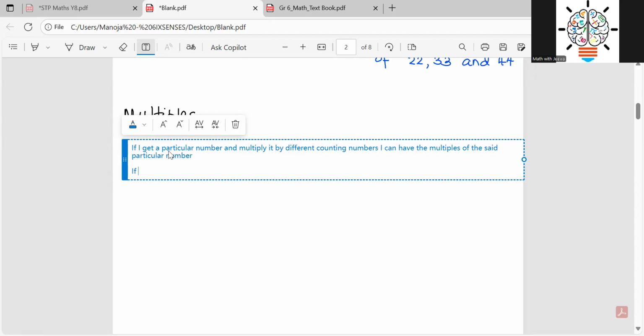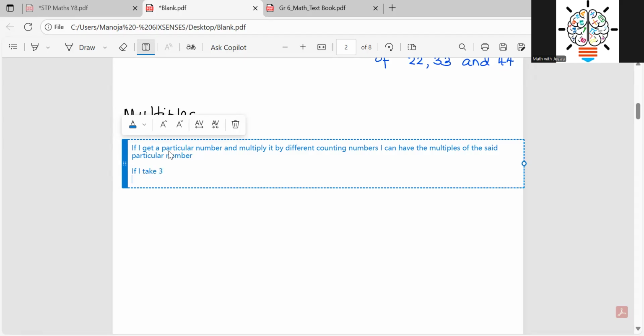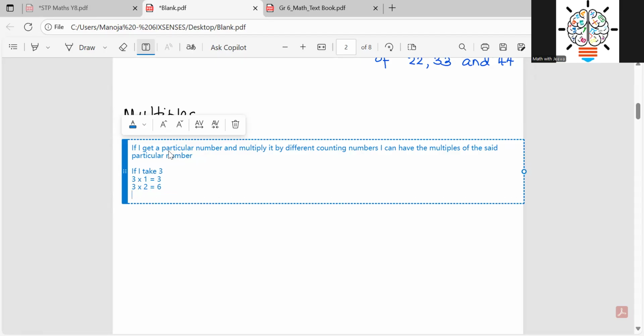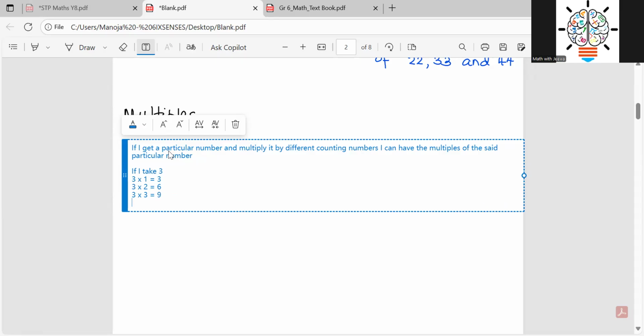So for an example, it's like this. If I take 3, then 3 multiplied by 1 equals 3. 3 multiplied by 2 equals 6. 3 multiplied by 3 equals 9. 3 multiplied by 4 equals 12.